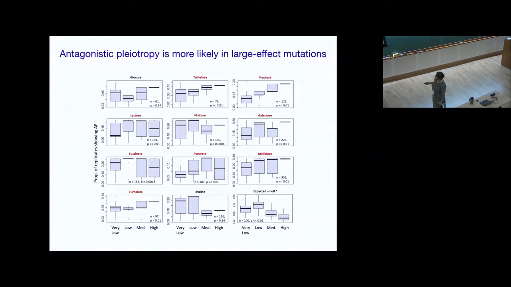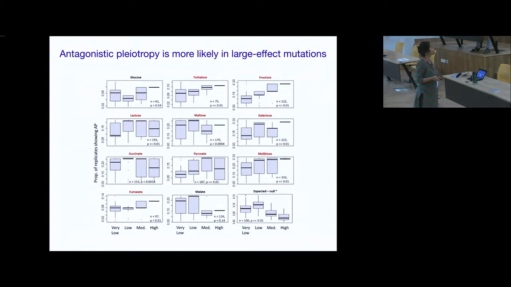And what you see here is, if you bin each of the effect sizes into arbitrarily very low, low, medium, and high effect sizes, we see that there is a positive relationship in many of the resources, not all. The red ones are the ones where we see a significant effect and black are not. Then we can compare this to our expected result from the null, and there we expect a negative relationship.